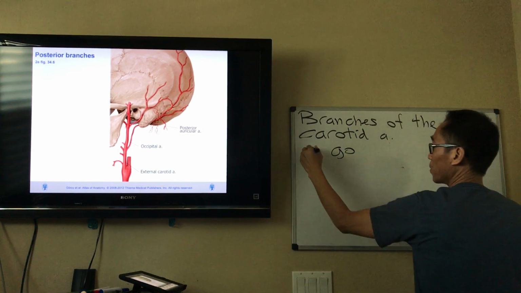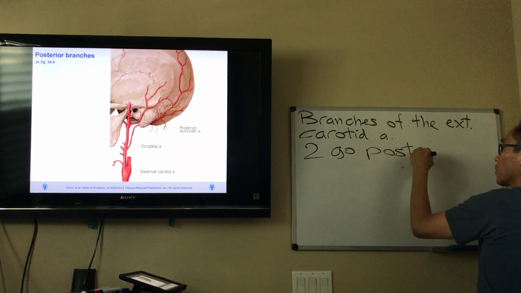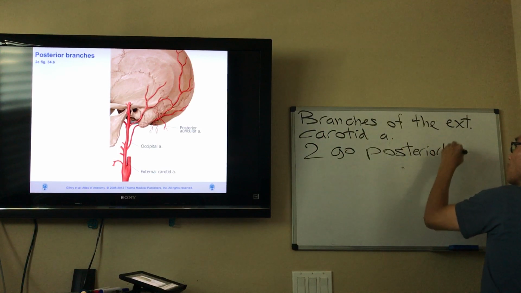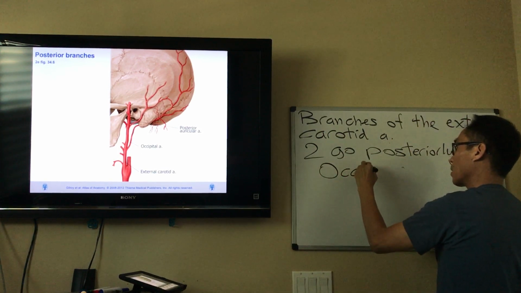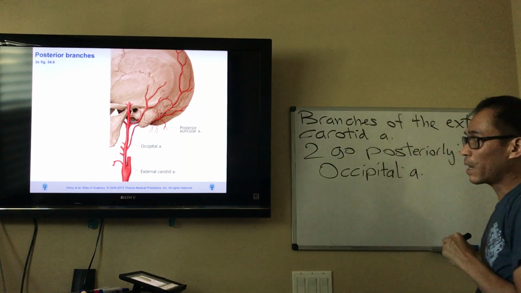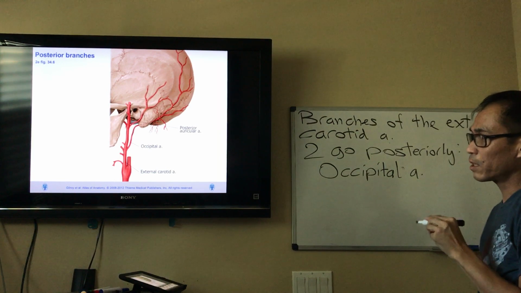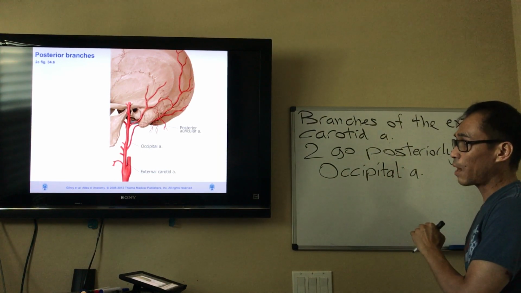So I'm going to write to go posterior. Okay, that first one, occipital artery. The second one going by the ear hole, posterior auricular artery, because it's directly posterior to the external auditory meatus.